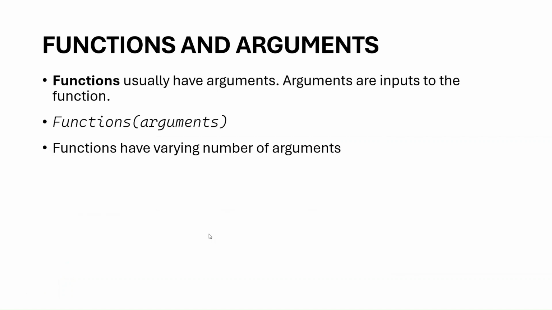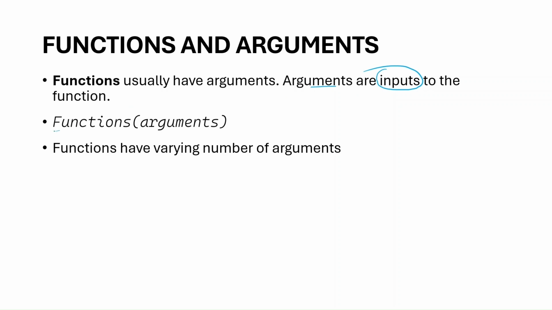So now let's go a bit more into functions, since we're finished with formulas, they're relatively straightforward. We know what functions are, the set of predefined commands. Functions usually have arguments, and arguments are inputs into the function.